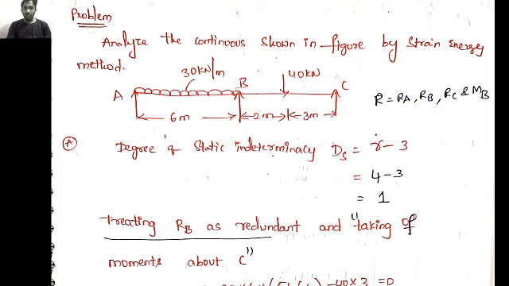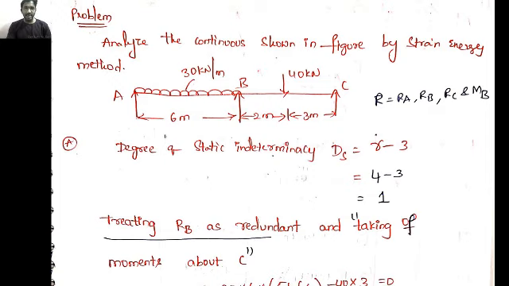These are all 4 reactions. So I make a note here: 4 minus 3 equals 1. That is the one extra force, the number of unknown forces compared to the equations of equilibrium, that is the static indeterminacy. Here it is 1.